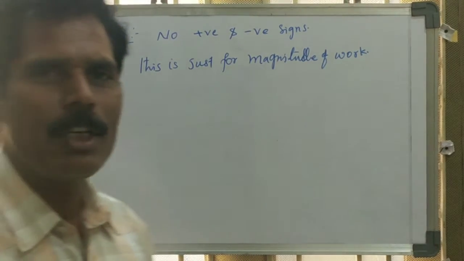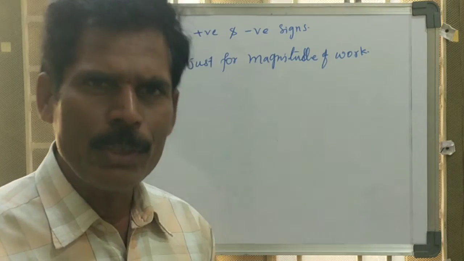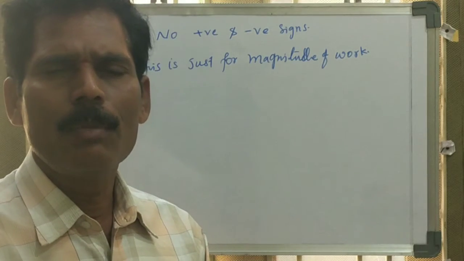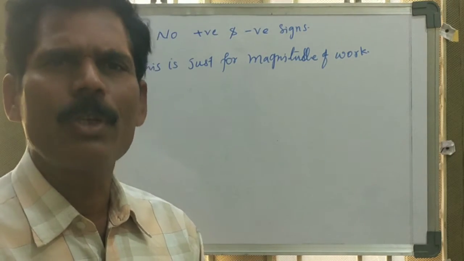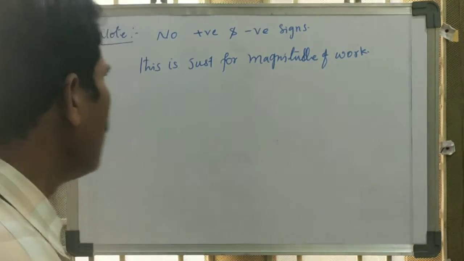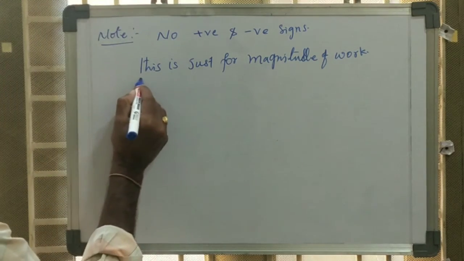Actually, there is no positive and negative sign, just magnitude. It means it is about the direction in which that work is done, right? Let us see here. Next one.